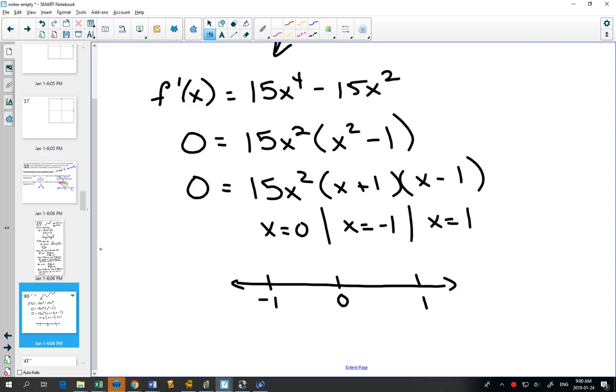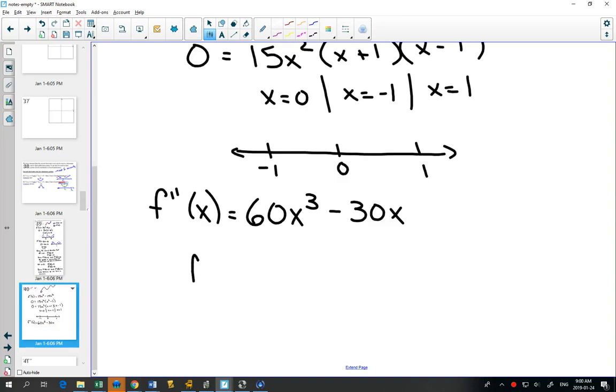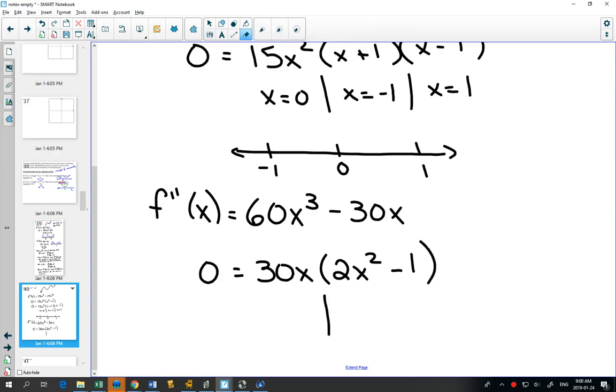Our second derivative is 60x cubed minus 30x. Again, set your second derivative equal to 0. You can factor out a 30x. Ooh.